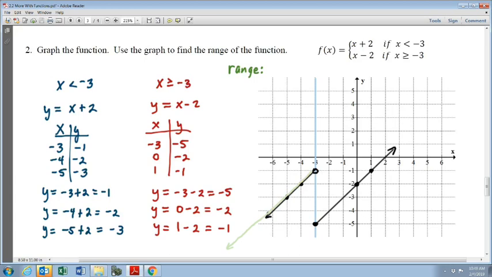So you can see that we're hitting every y value. We're actually repeating some of them. We're going from -infinity to infinity. The values between -5 and -1 are repeated on these two lines. But we're hitting every value, so the range is all real numbers.